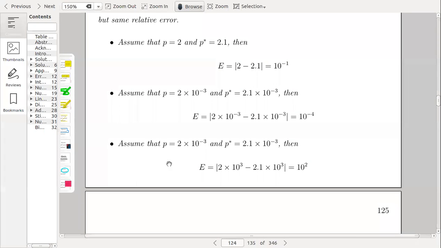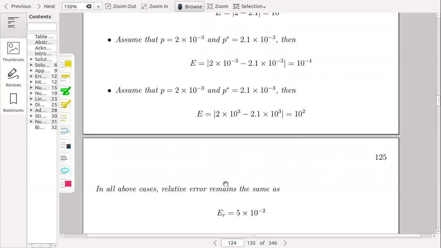And here assume that P is equal to 2 into 10 power 3. So this is not minus 3, this is plus 3. And P star is 2.1 into 10 power plus 3. Okay. So again the difference is 10 power 2, meaning it's 100.